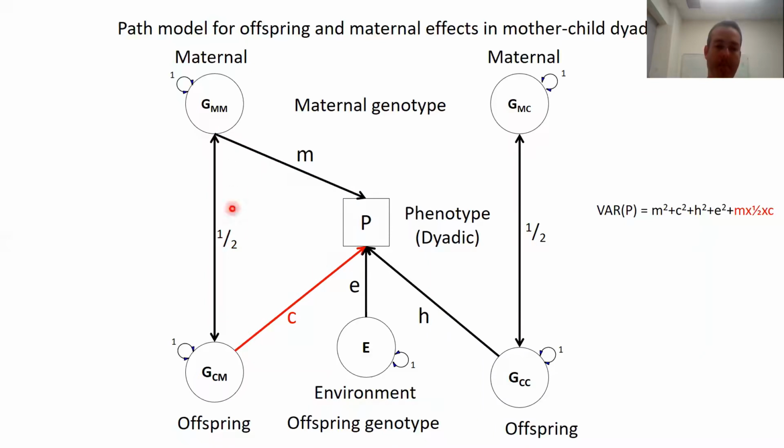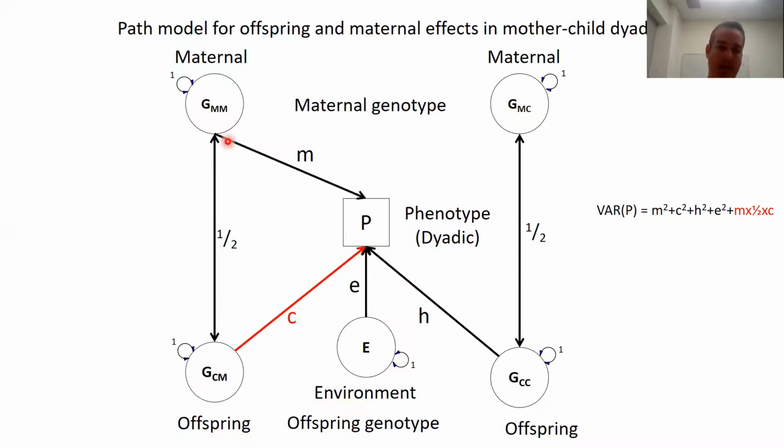So that's M multiplied by 1/2 multiplied by C. Remember, with each chain, we only go through one double-headed arrow, which is this one here. So we're not going round this path here or round this path here.